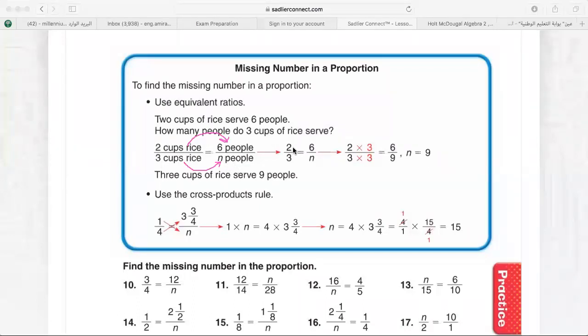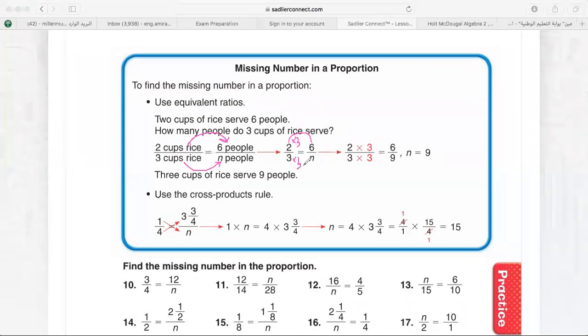I can solve it using 2 ways. The way that I used to do yesterday: the complete part is here, 2 and 6. What happened to 2? 2 is now greater, so I multiplied. 2 multiplied by 3 is 6, so I'm going to multiply also the denominator by 3.